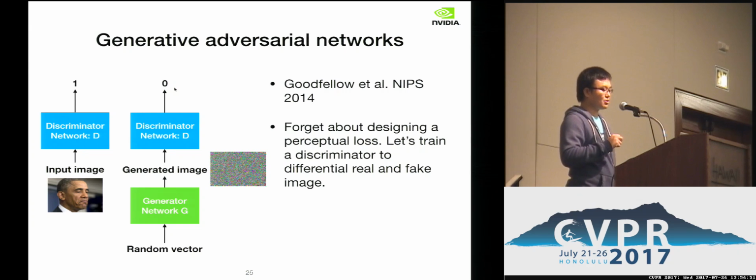You are using a classification approach to say this is a true image or a fake image. We don't need to define any perceptual loss such as measuring image similarity, and the discriminator will be doing the job.